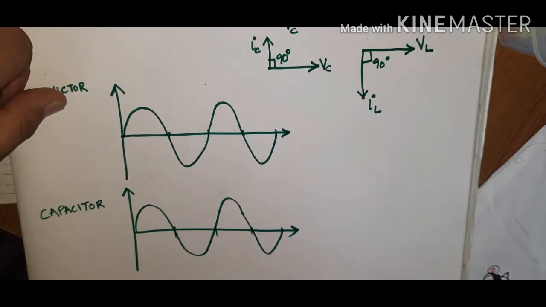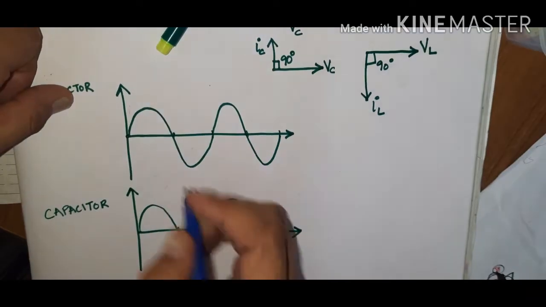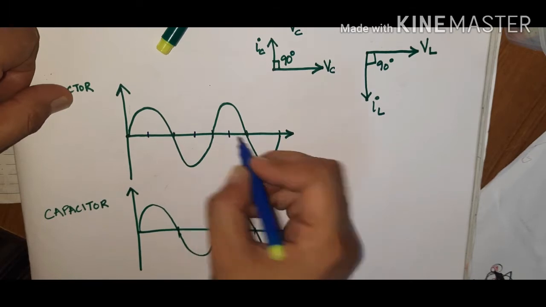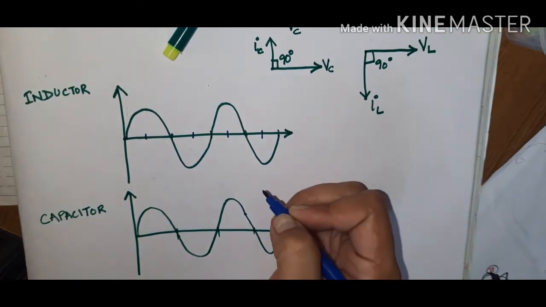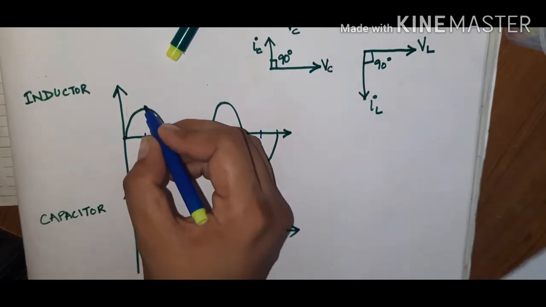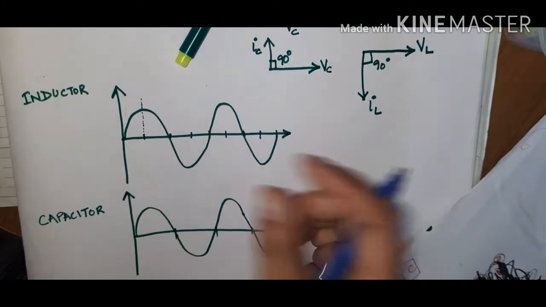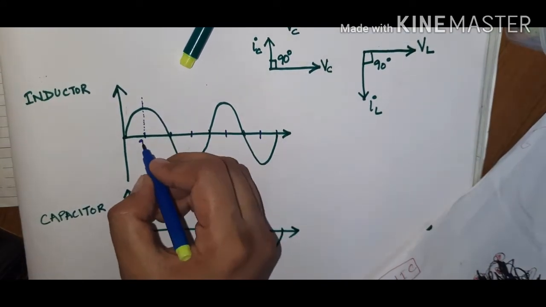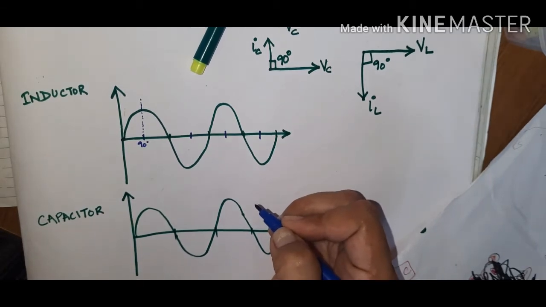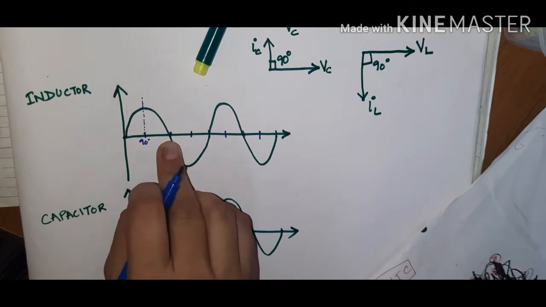But in the case of an inductor, you very well know that the current lags the voltage by an angle of 90 degrees. So what does it mean? It means that the voltage is attaining its maximum value at 90 degrees, so the current would obtain its maximum value after a further 90 degrees.